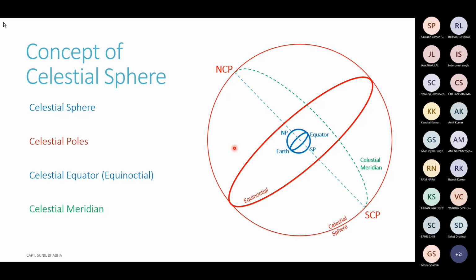Important thing to keep in your mind is we should be clear about the concept of equinoctial, and about what a celestial meridian is, and with it, we will be able to easily understand the concept of declination and GHA or SHA.